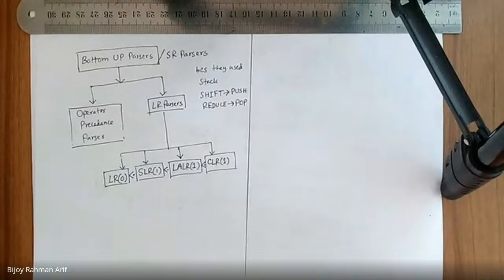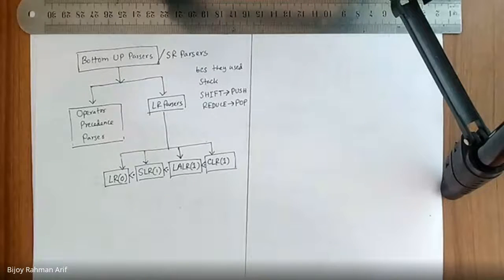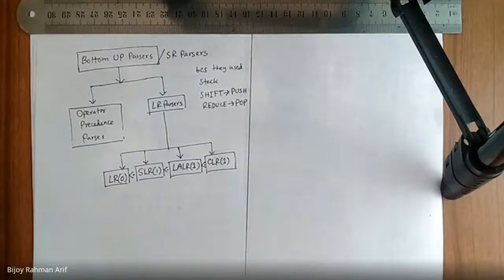You might argue, sir, how about CLR2? Do you understand what is this number, 1, 2? These are look ahead. That means before taking any decision, I'm going to consider only one single entry in the buffer. And whenever it is zero, it means whenever I'm taking any decision, I'm not going to consider any entry in the buffer.